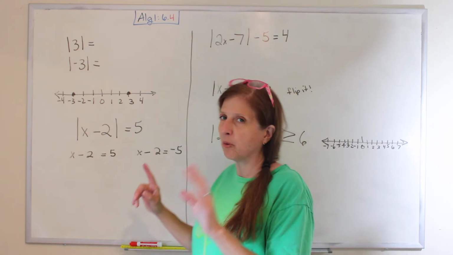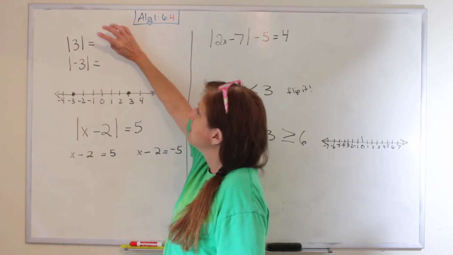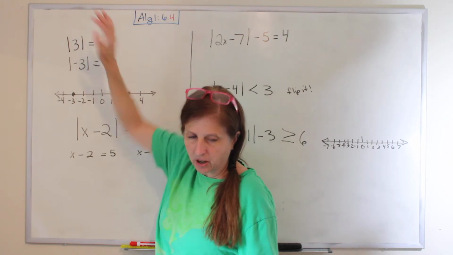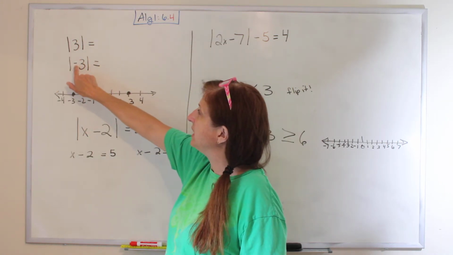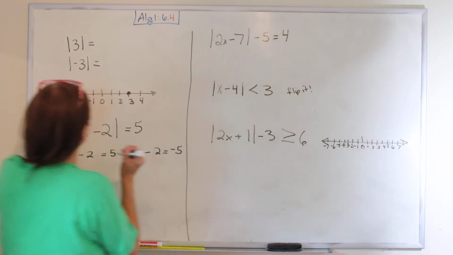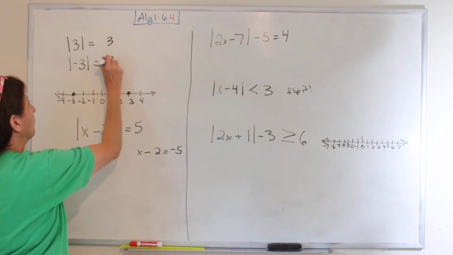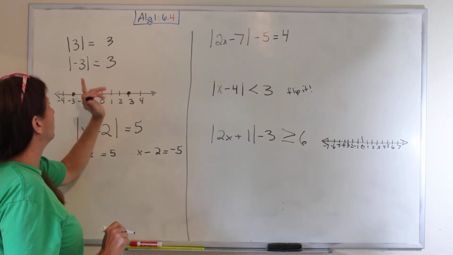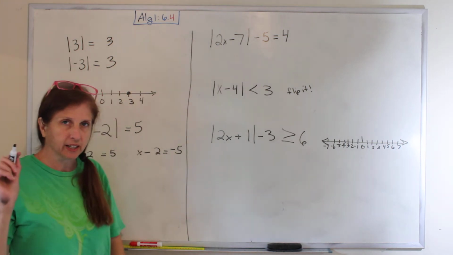Got it? I recommend you watch it. Very fun. It doesn't matter if you're a hero like Will Stronghold or a villain like War and Peace, it strips away all your powers. So the absolute value of 3 is 3, and the absolute value of negative 3 is 3. Got it?